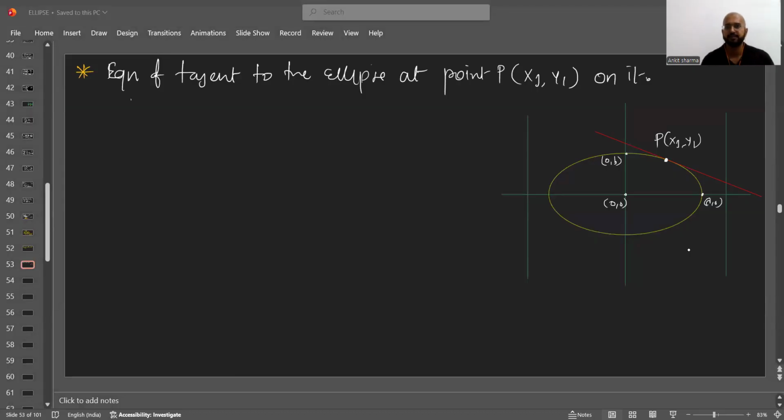We now have an ellipse here, centered at 0, 0, and P, x1, y1 is a point on it. So now I want to know the equation of the tangent at this point.